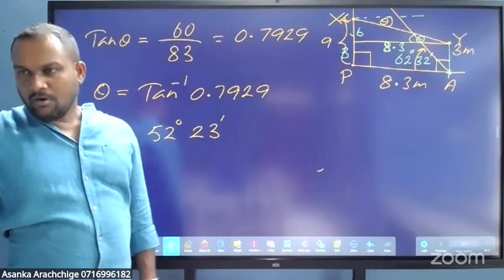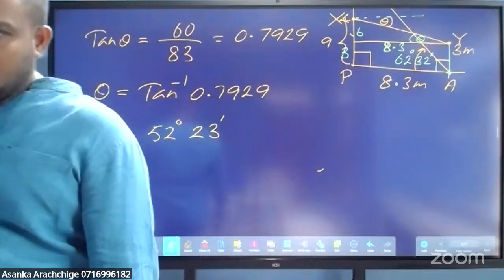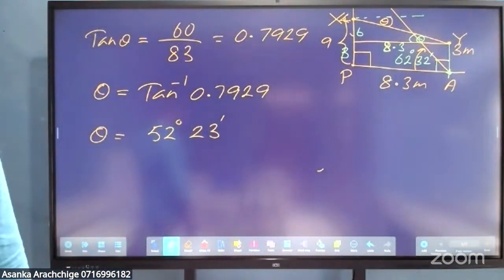Fine. What about online students? Have you two got the same value here?